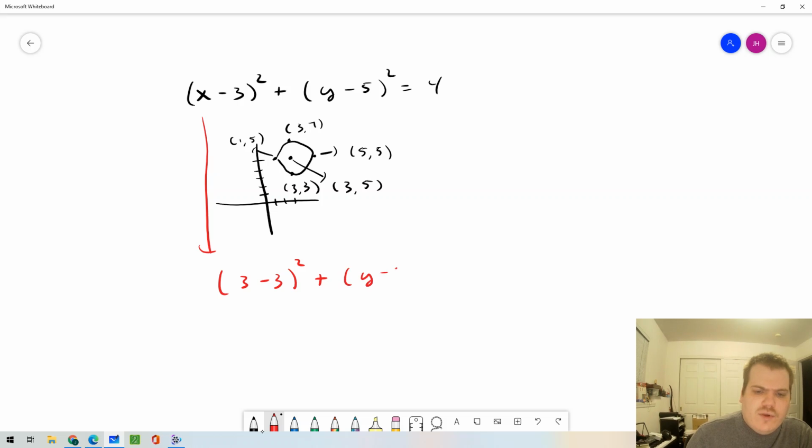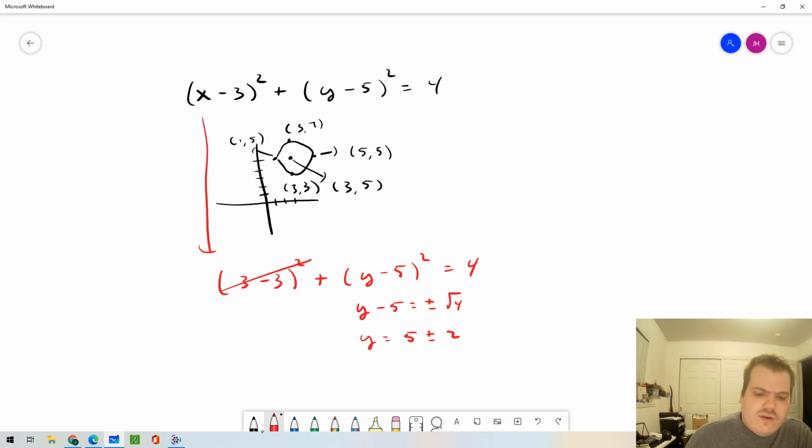So that's going to be y minus 5 squared is equal to 4. Well, that's just 0. 3 minus 3 is 0, 0 squared is 0. So take a square root on both sides. Now notice that when you take a square root, it's very important that I get plus or minus the square root of 4. This plus or minus is key. So what you actually end up getting is y is equal to 5 plus or minus 2.